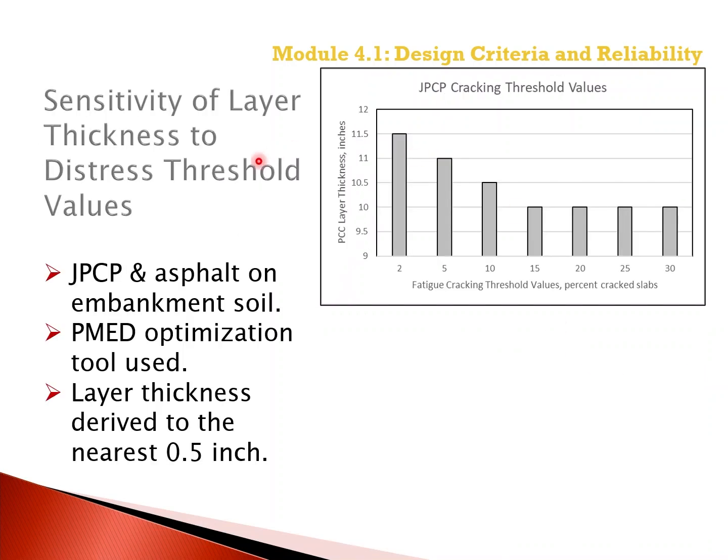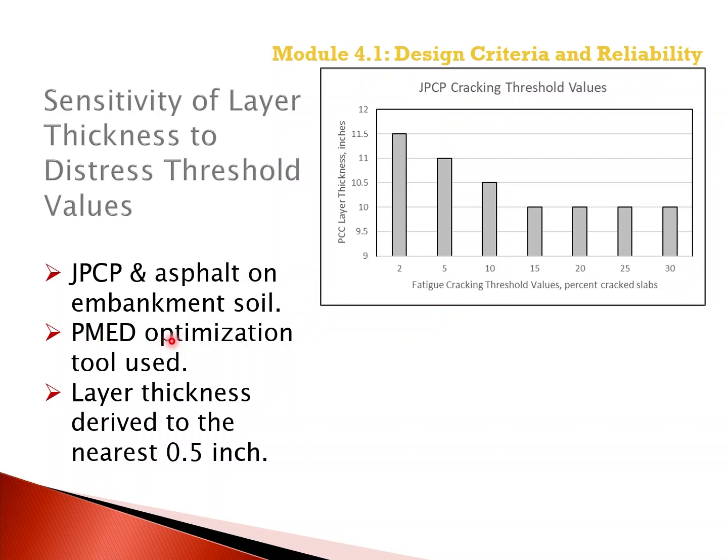So now let's move to showing the same thing, the sensitivity of layer thickness, but to the distress threshold values. So this is JPCP on asphalt or embankment soil directly. In other words, there's no aggregate base.